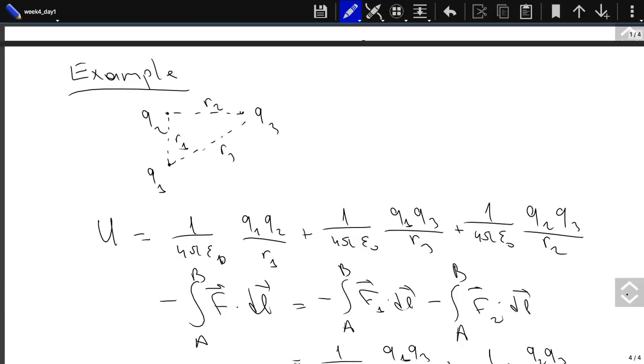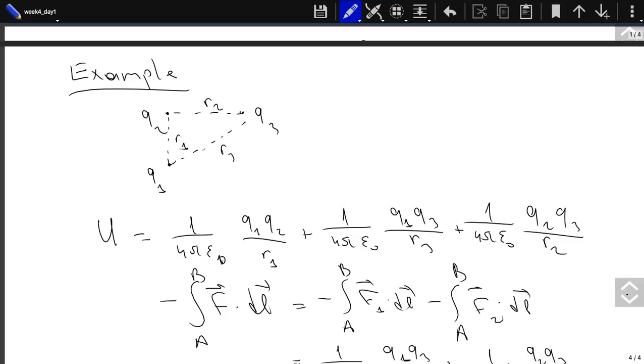Yes? We said that the potential energy difference was the work that we needed to do to get from infinity to here.